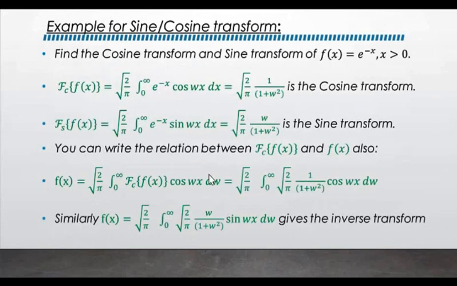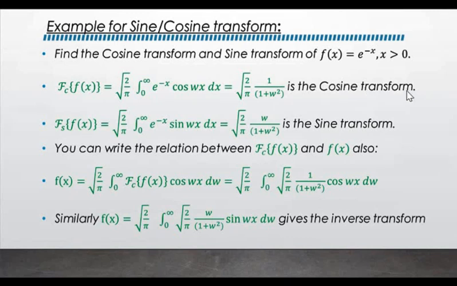So all these things can be seen in terms of the Fourier cosine transform and sine transform. That is, you consider the function f of x equal to e raised to minus x, and the Fourier cosine transform, Fc cap omega, is root of 2 by pi integral 0 to infinity of the function into cos omega x dx, which is root of 2 by pi times 1 by 1 plus omega square.